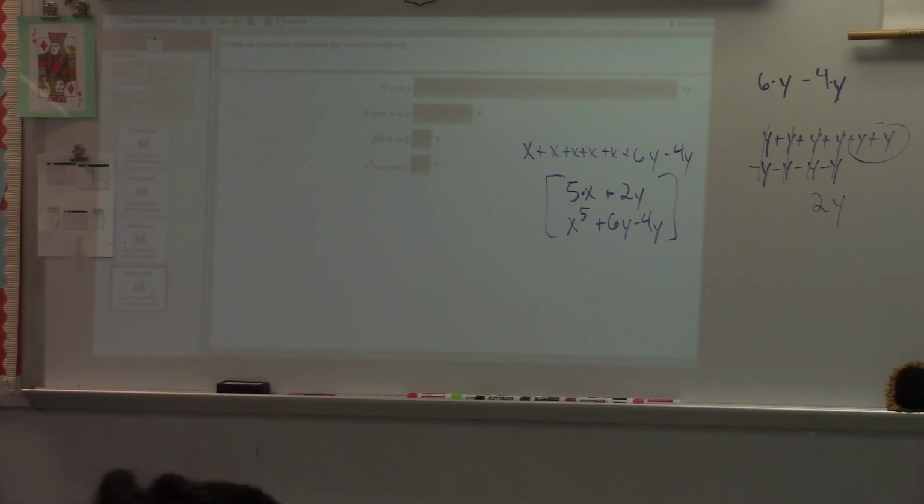Like it's important to understand these different terms. By the way, I would call this a quadratic term, and I would call this a linear term. Does anyone know why I'm calling this quadratic and this linear? Anyone see anything here that might make us think quadratic? Not just any old exponent. An x squared, a second degree exponent, right?